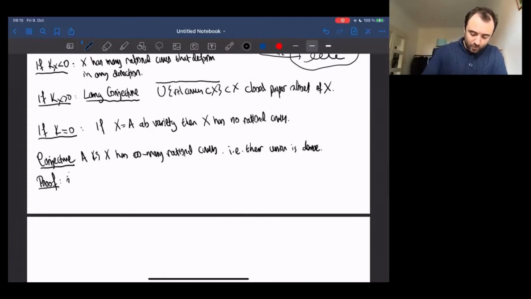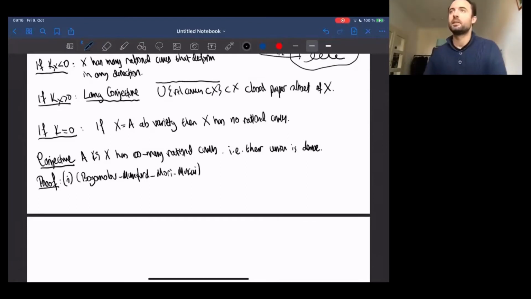Okay, so the first result in this direction was a beautiful theorem, attributed to Bogomolov and Mumford, but it only appeared in a paper of Mori and Mukai.